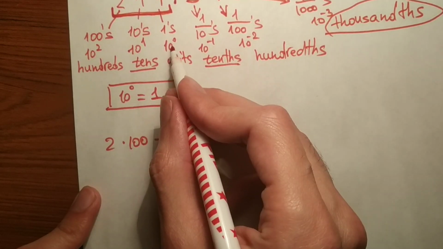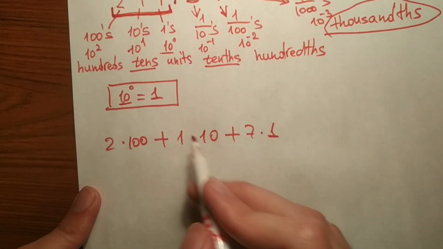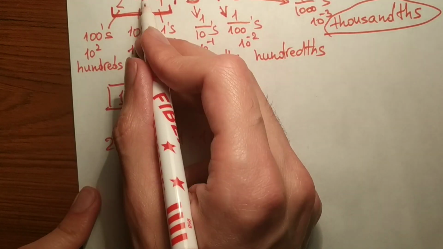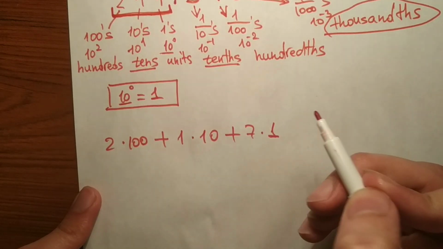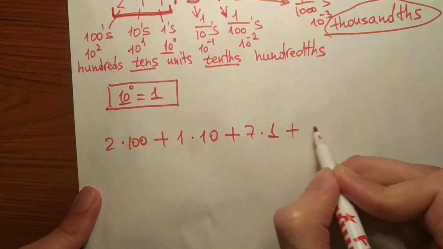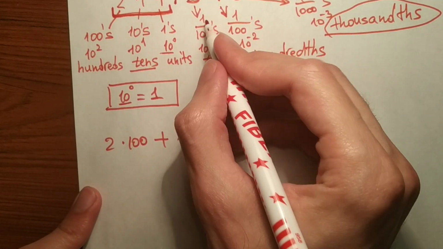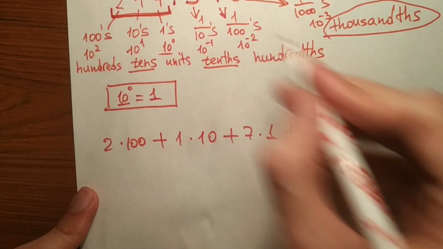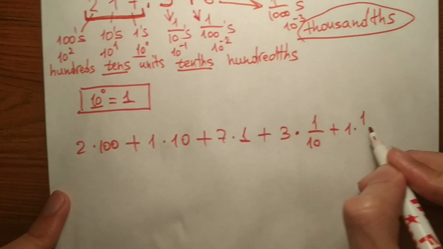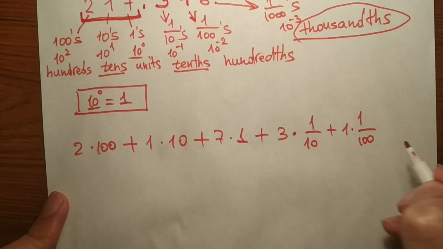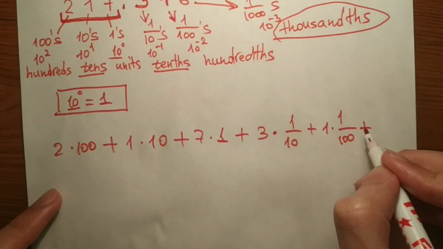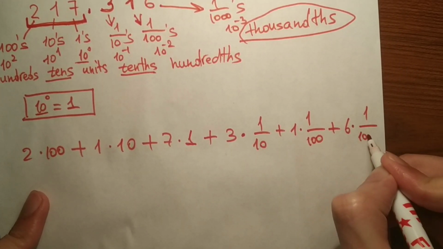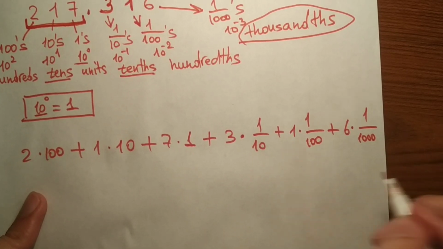We just multiply this: 2 times 100, 1 times 10, 7 times 1, and plus 3 times 1 over 10, plus 1 times 1 over 100, plus 6 times 1 over 1000, and that's all.